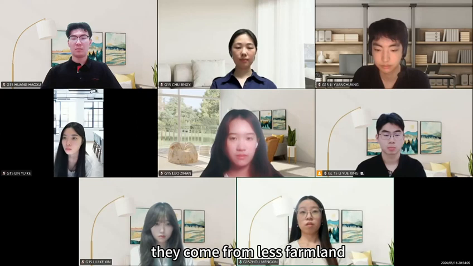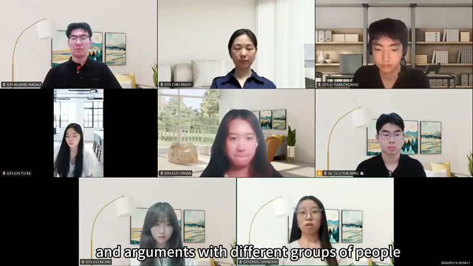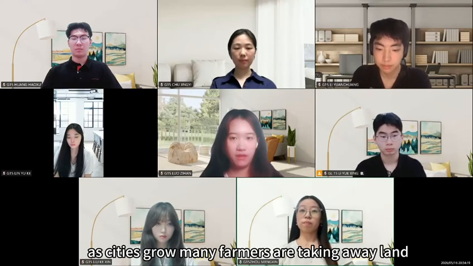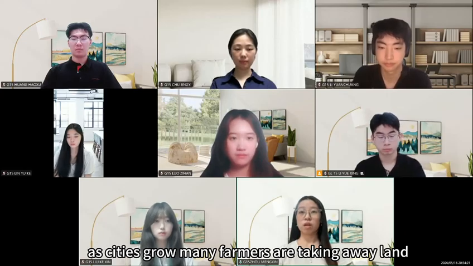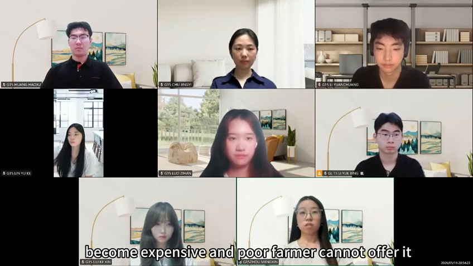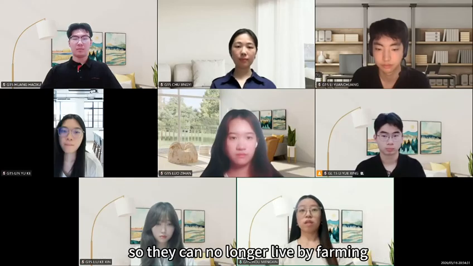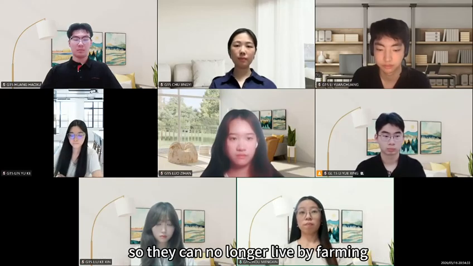They come from less farmland and arguments between different groups of people. First, agriculture exclusion. As cities grow, many farmers are taken away. Land becomes expensive and poor farmers cannot afford it. They lose their land and cannot find other jobs, so they can no longer live by farming.